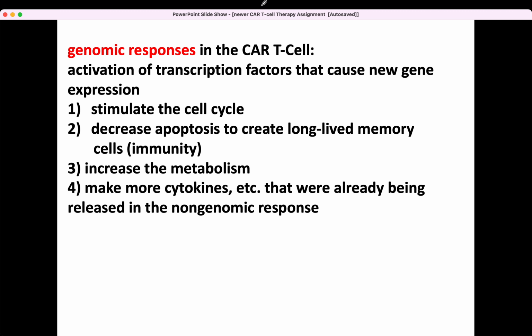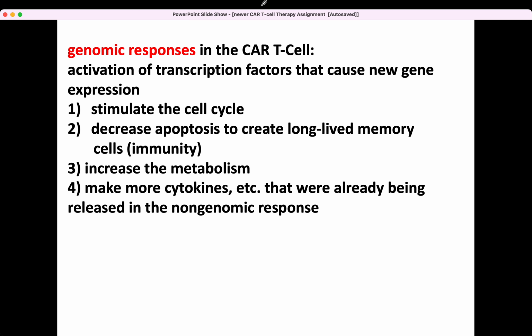It's not activated. It's going to hang out for a few months and die. It's not going to be dividing. But when it gets activated, it gets a big green light to make more of itself. Then it's going to die if it's not activated. When it gets activated, don't die. So it really flips the plan to decrease apoptosis. That's going to be new gene expression, changing the plan, like that.